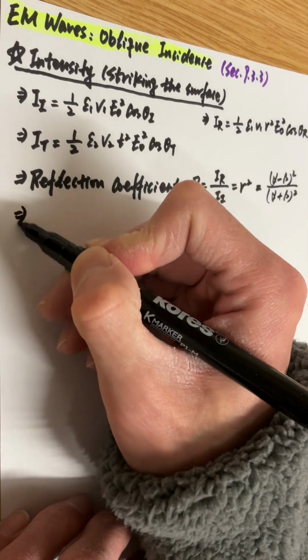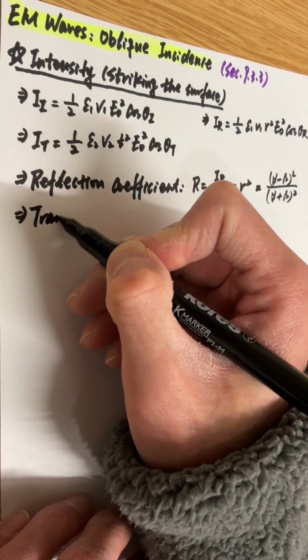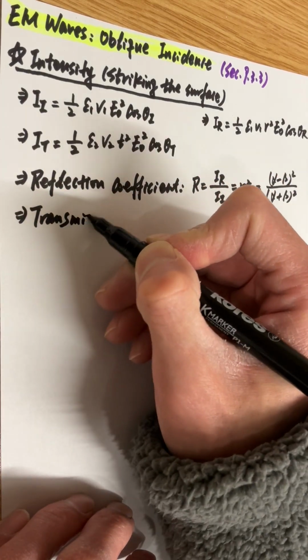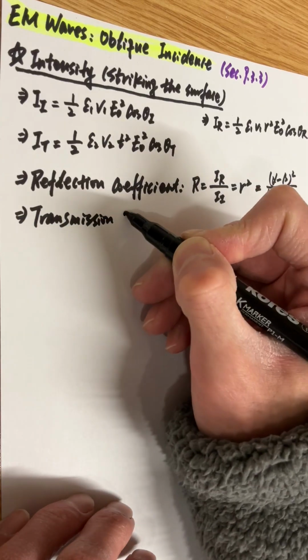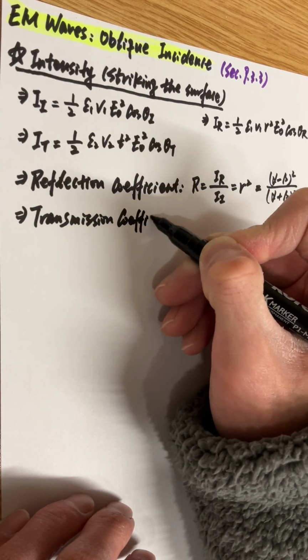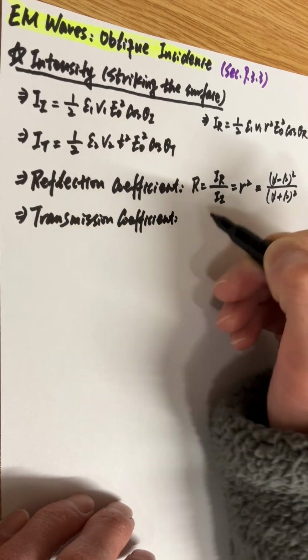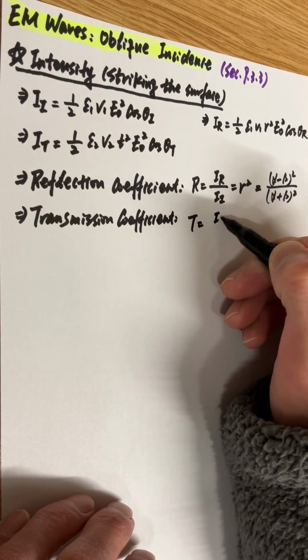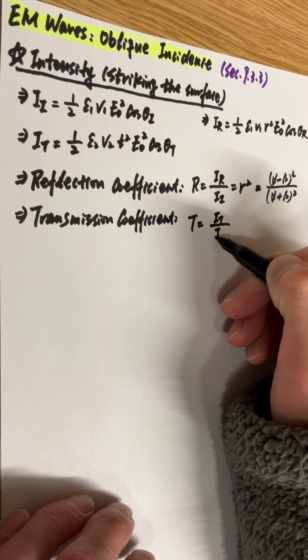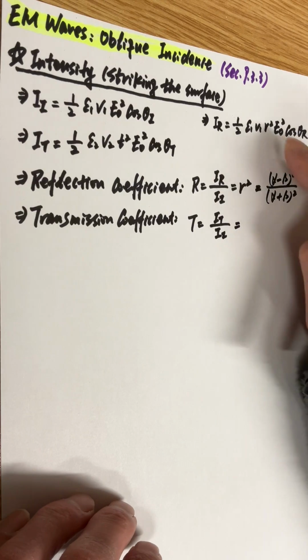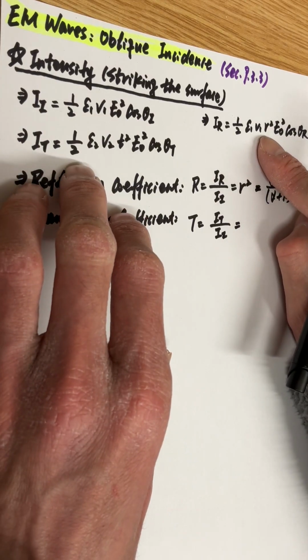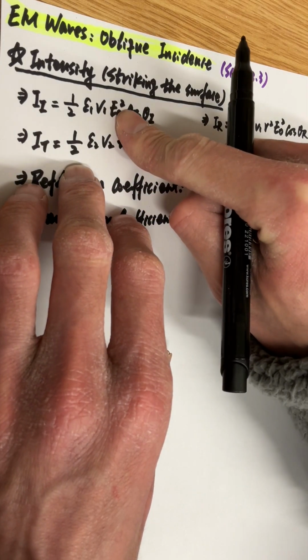For the transmission coefficient, I have T equals IT divided by II, so this divided by this.